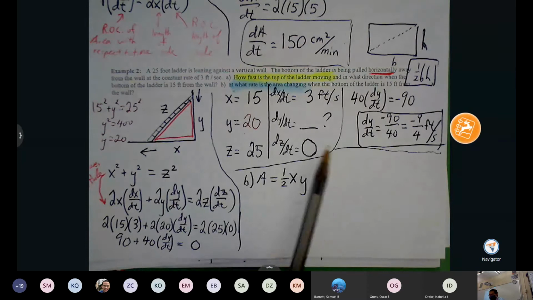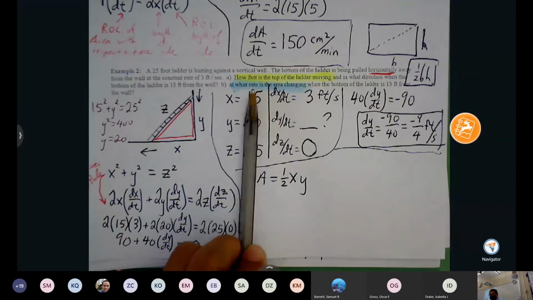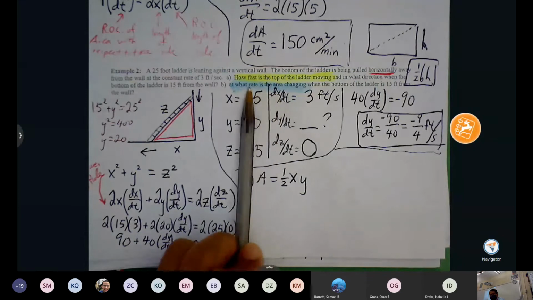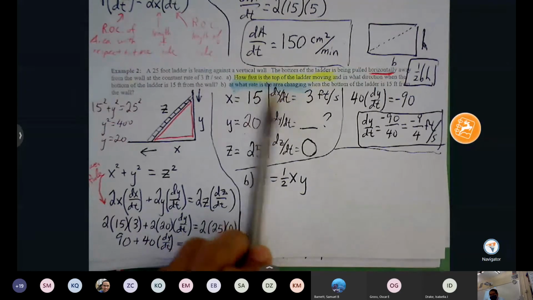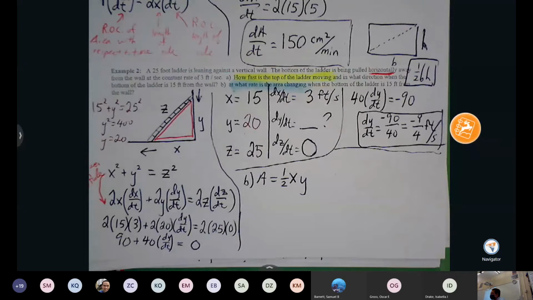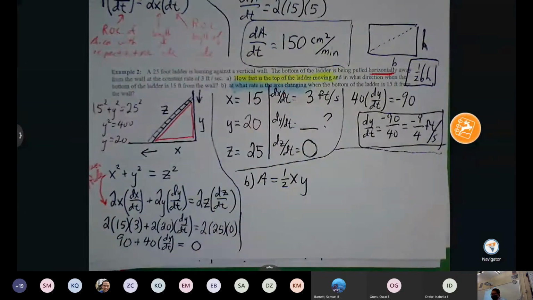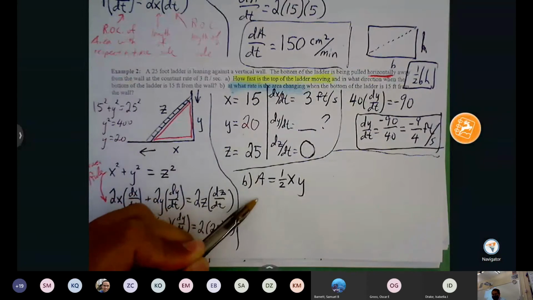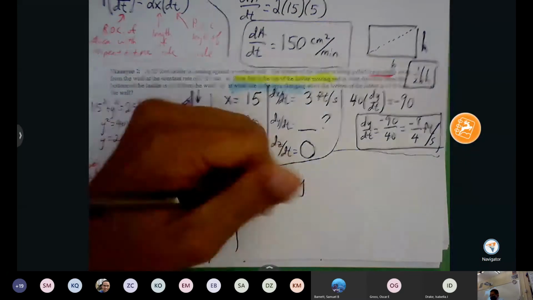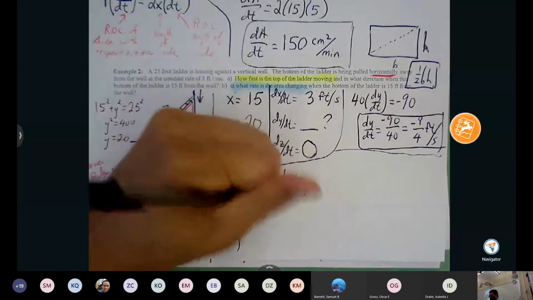Because it's a rate, right? It's not a static value. You see those words describing area changing, you know there's going to be a derivative. So we know we're looking for dA dt, which means we're going to find the derivative. So A becomes 1 dA dt. So we know that's the derivative of A.